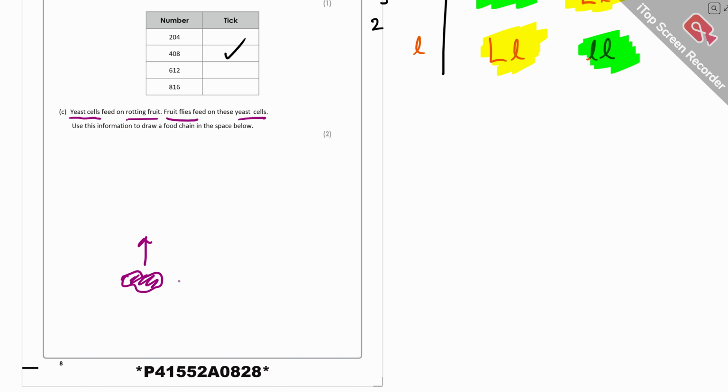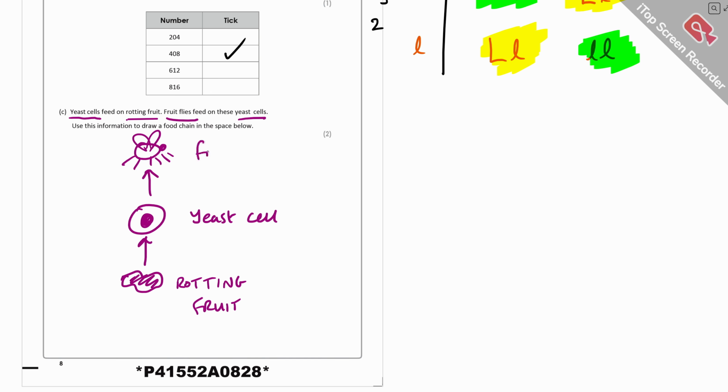So this is rotting fruit gets eaten by yeast cell, and then the energy transfers up to the fruit fly. Right, that's your food chain.